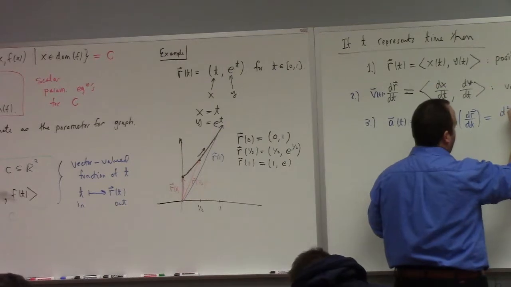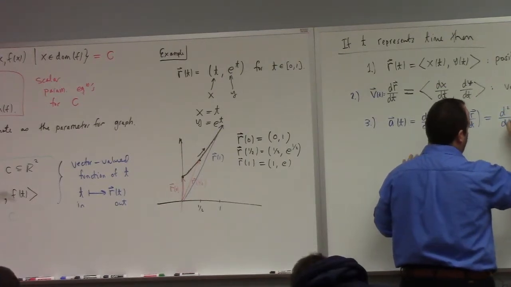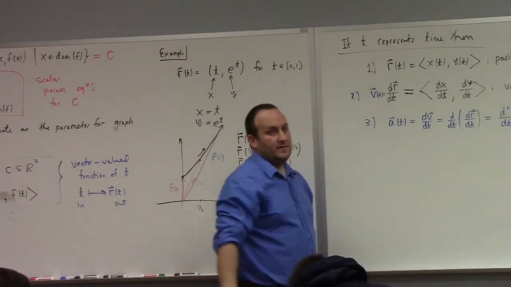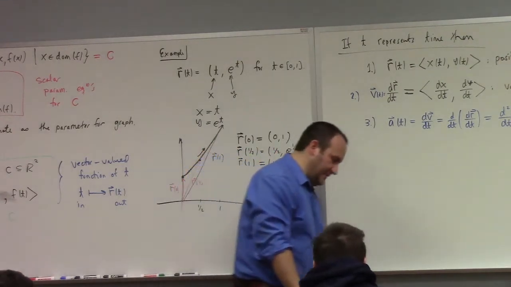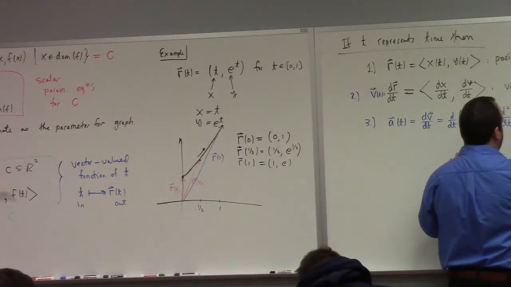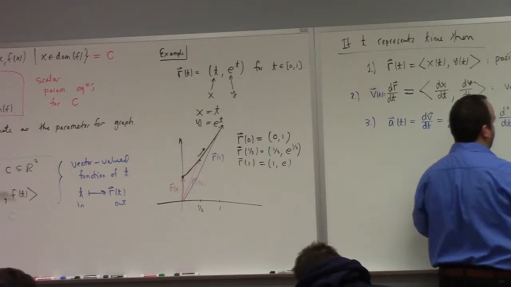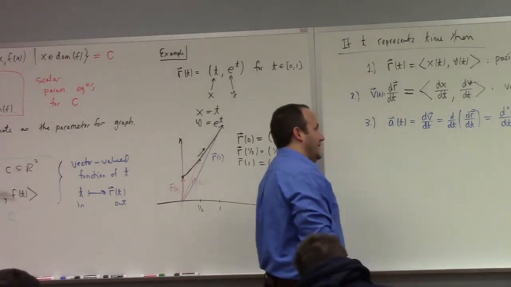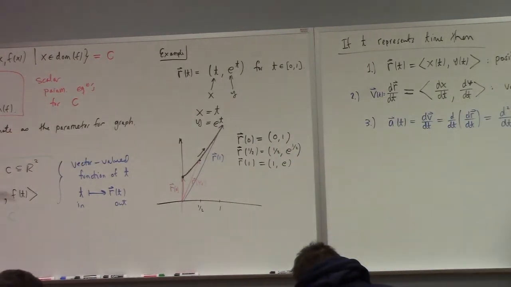That would make me happier. So yes, fine, there's another notation, d squared r/dt squared, which is also denoted r double prime of t. And you got me, fine, I forgot: v is also denoted r prime of t, also true.